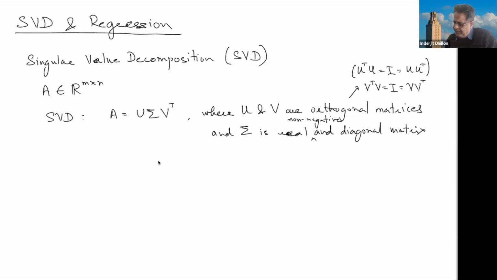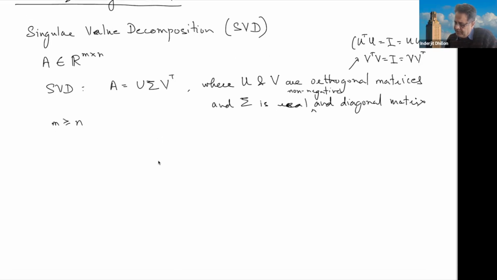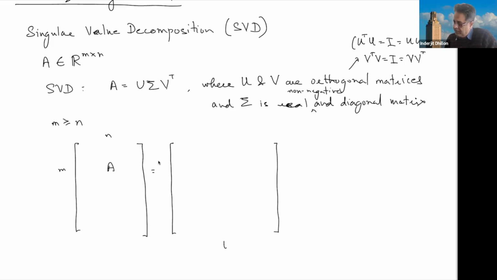So for now, let me draw this out. Let me first assume that M is greater than or equal to N. So let me draw an M by N matrix where M is bigger than N. So this is M rows, N columns, and I have this matrix A. What the SVD says is that there's a decomposition where I have it equal to U. This is the matrix U, which is M by M. And then I have a matrix which is M by N, and that is sigma.